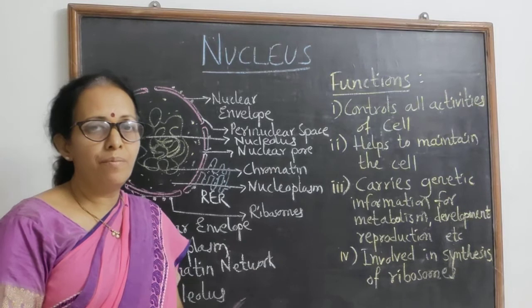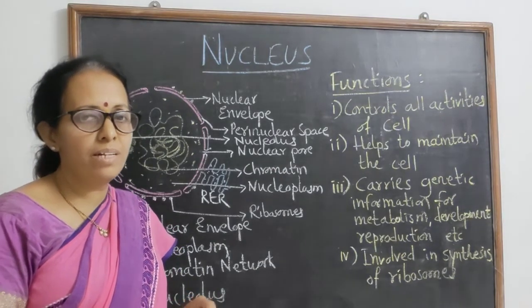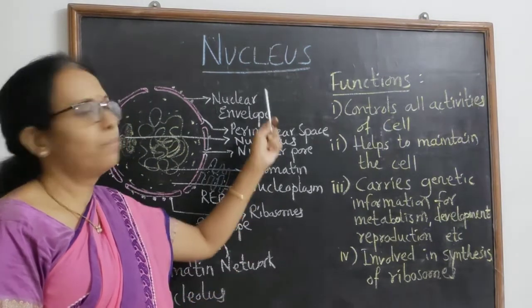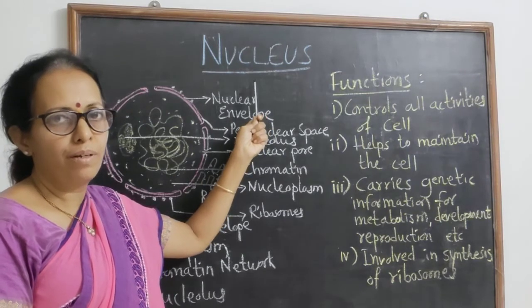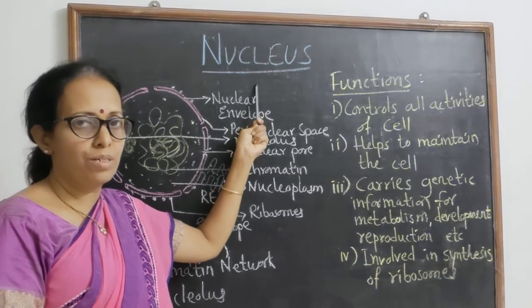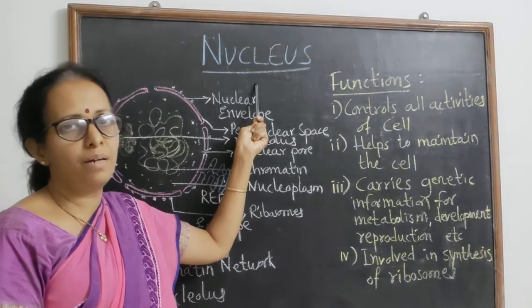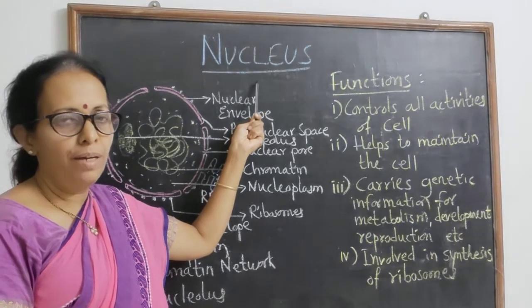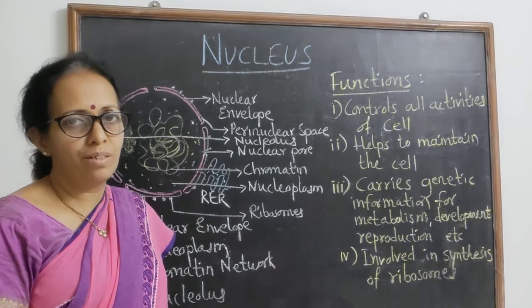When we stain some cell, the spherical bodies which we observe, more or less at the center, get stained, and they may vary in their position.